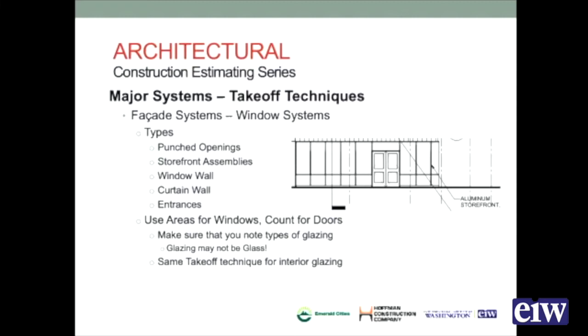You also have window wall and curtain wall, and the difference between the two is window wall will span from the floor surface to the bottom of the ceiling. So if you're looking at a high-rise building, it will be out on the edge and it will span from slab to slab. And then over the slab edge, you'll have another flashing piece that'll wrap around that to cover that piece.